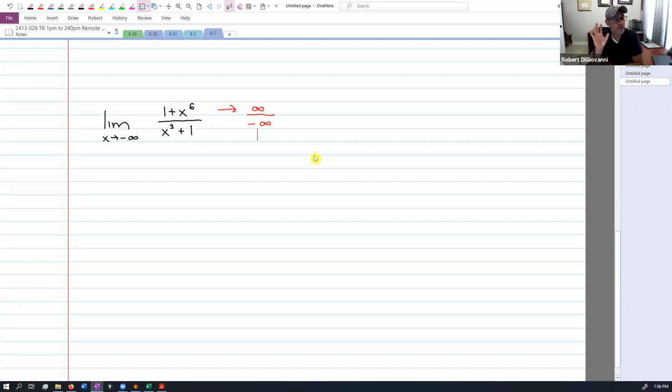We do the same idea, okay? Same principle. We will look at the highest power and we will try and get rid of it. So we do 1 over x cubed here, 1 over x cubed here, distribute through.